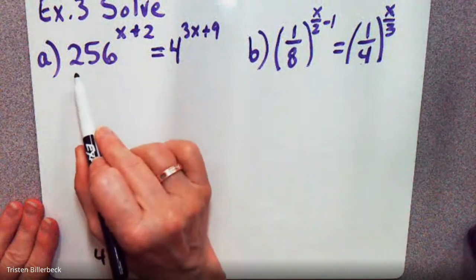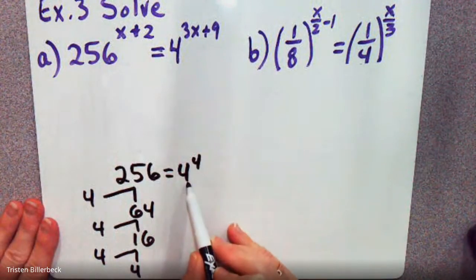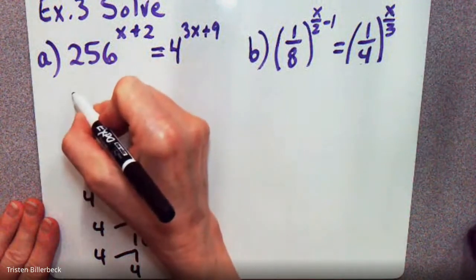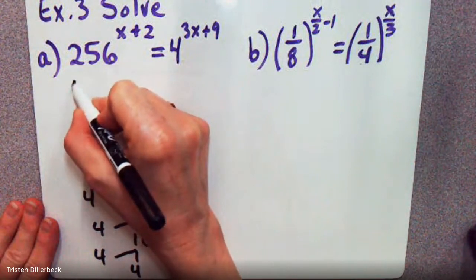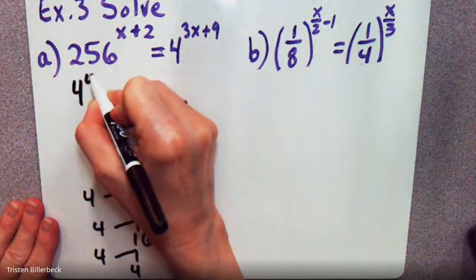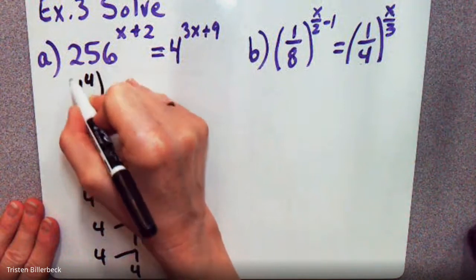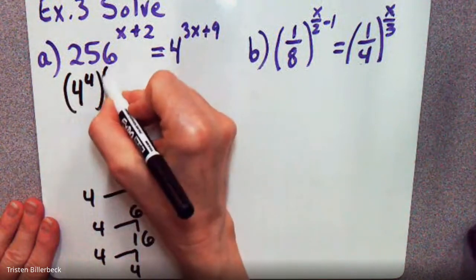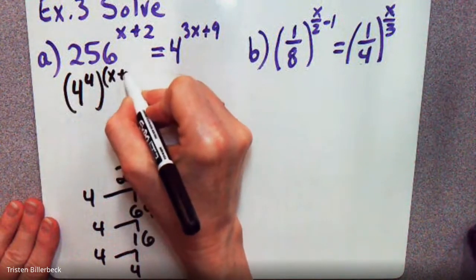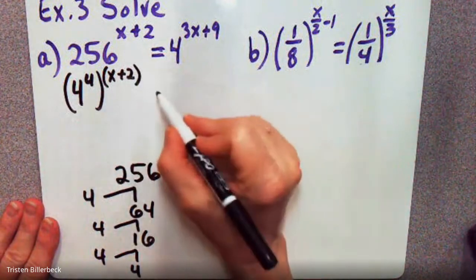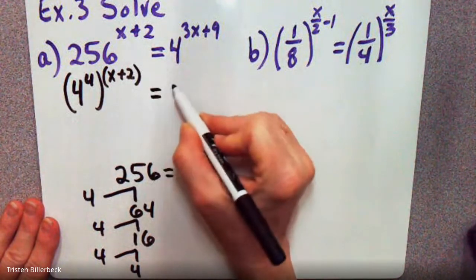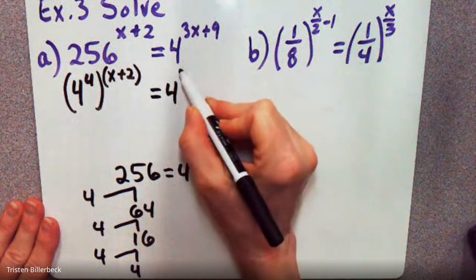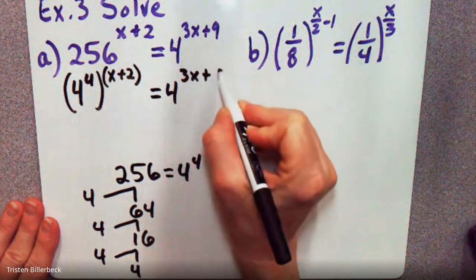So now we can change 256 to 4 to the 4th. So we have 4 to the 4th with an exponent of x plus 2. Now this equals 4 to the 3x plus 9.